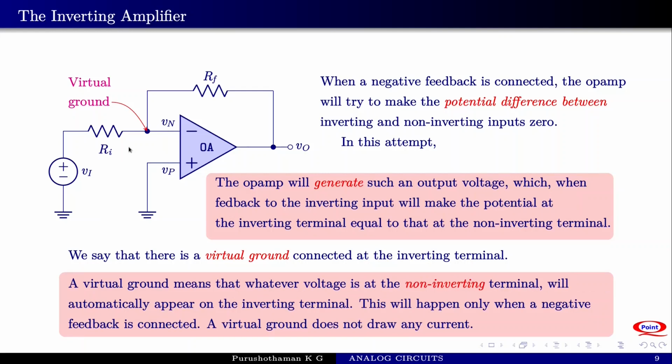A virtual ground means that whatever voltage is at the non-inverting terminal will automatically appear on the inverting terminal. This will happen only when a negative feedback is connected. A virtual ground does not draw any current. Only the voltages are equal. There is no current flowing between Vn and Vp.